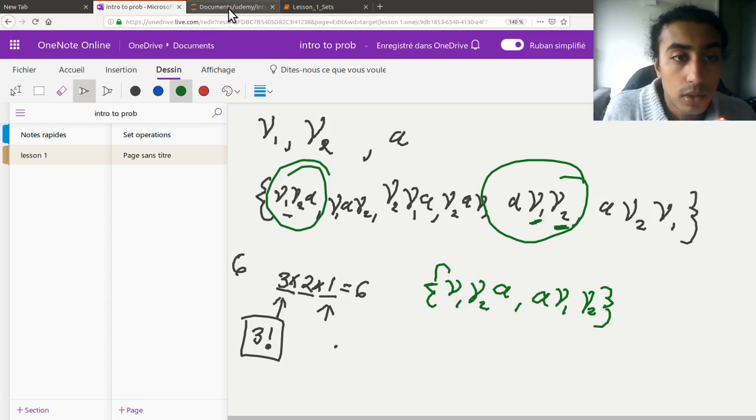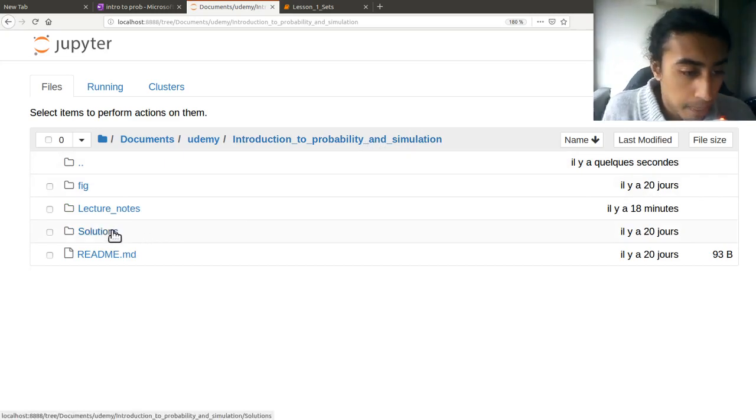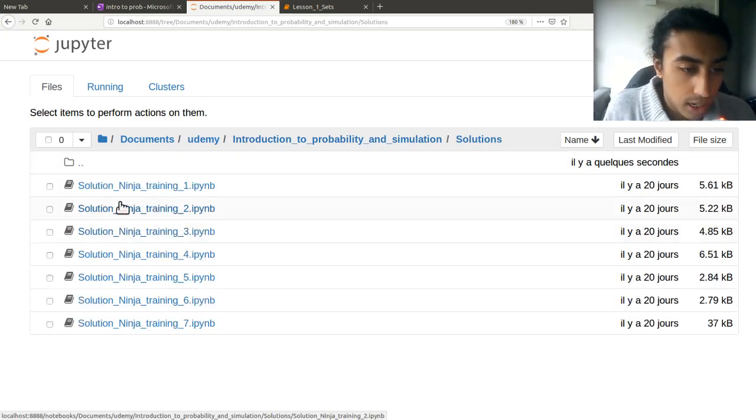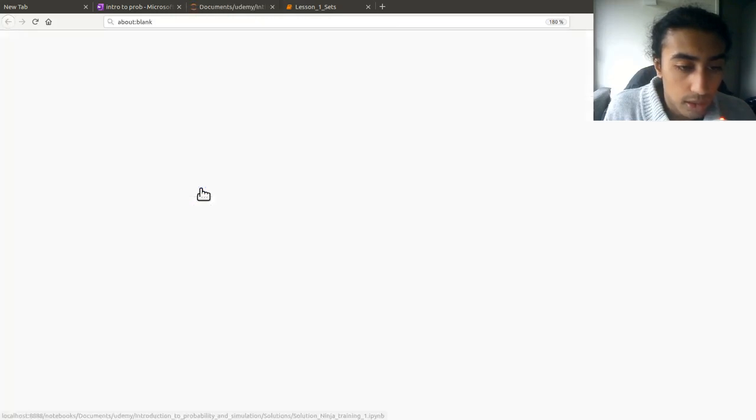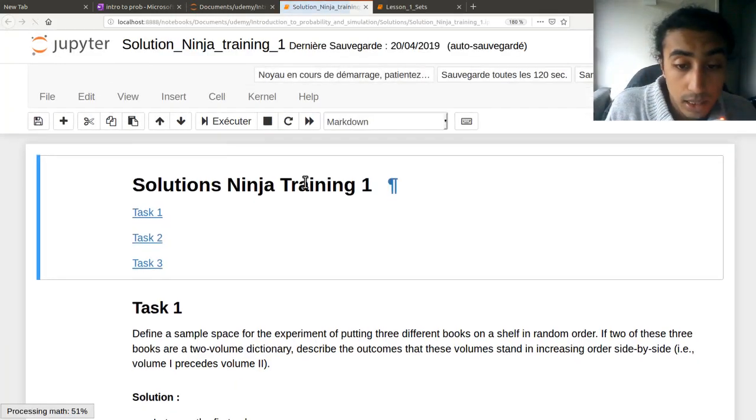But if you don't really understand, you want to read back. These are all the course notes, right? So, Introduction to Probability and Simulation. I'm going to change the name of the course to Python. I'm going to change this folder. I don't like the word simulation. Whatever. It's not correct here. It goes solutions, solutions ninja training 1, and I wrote all the solutions up very nicely.